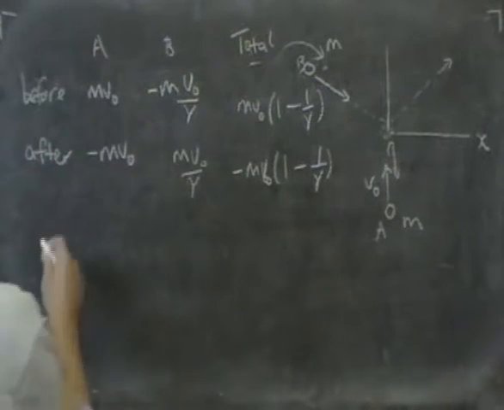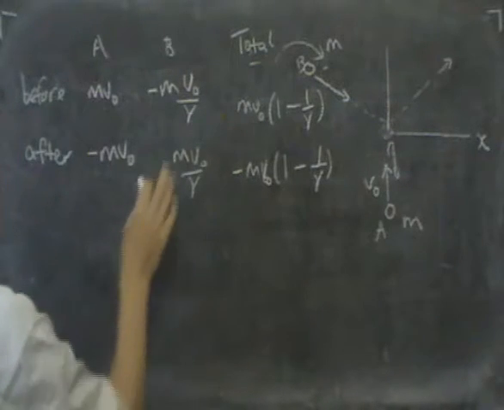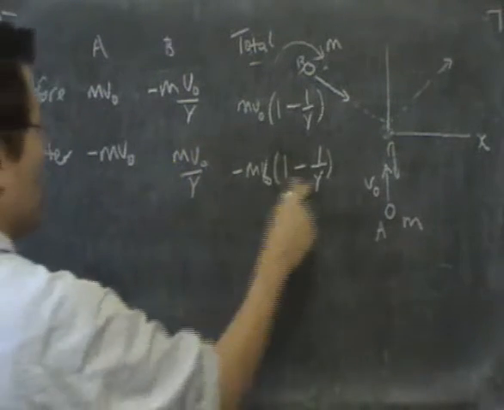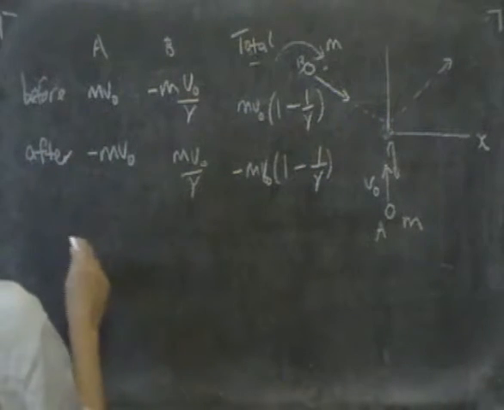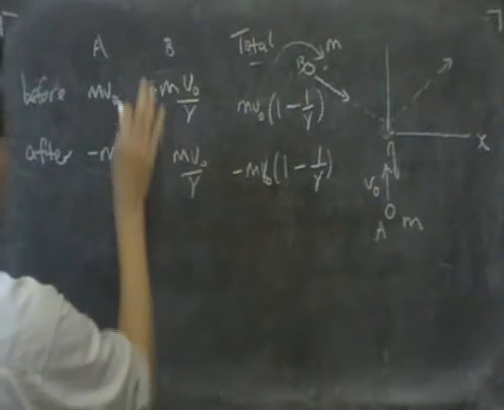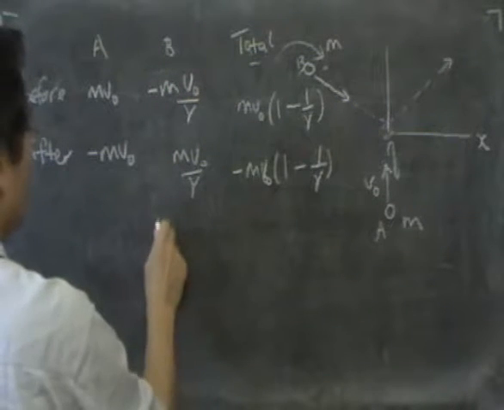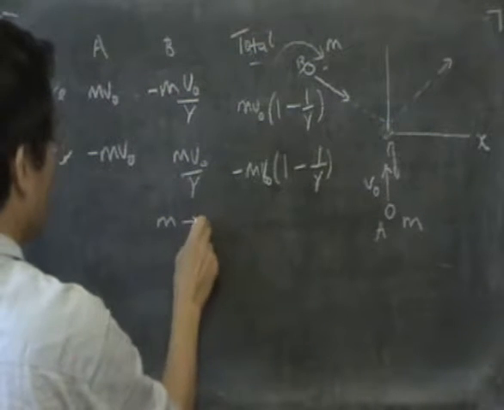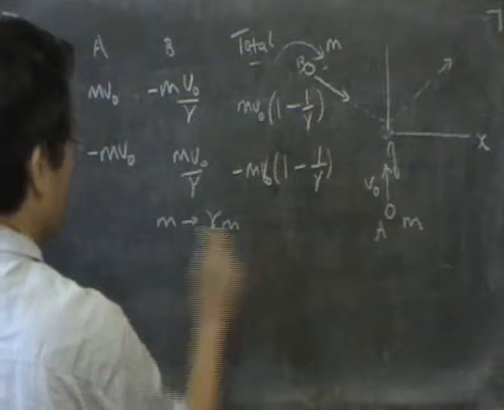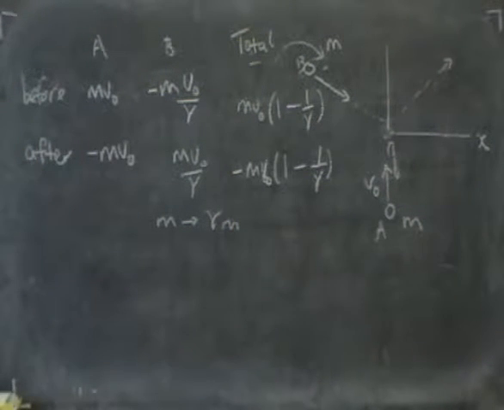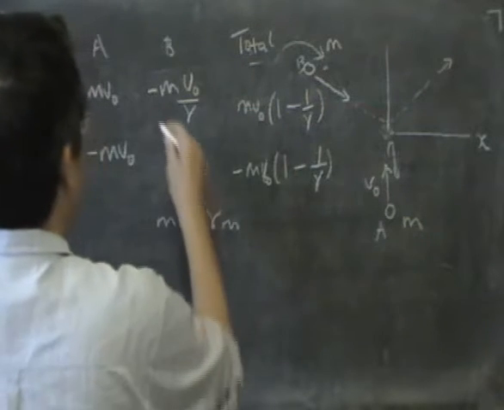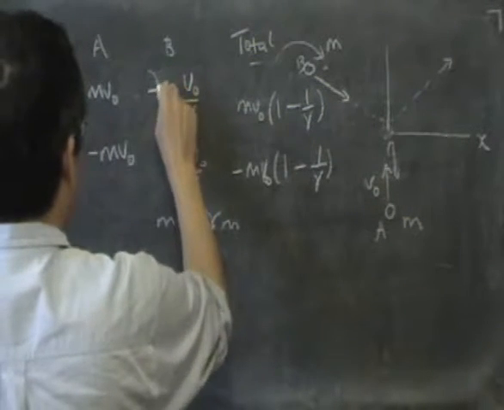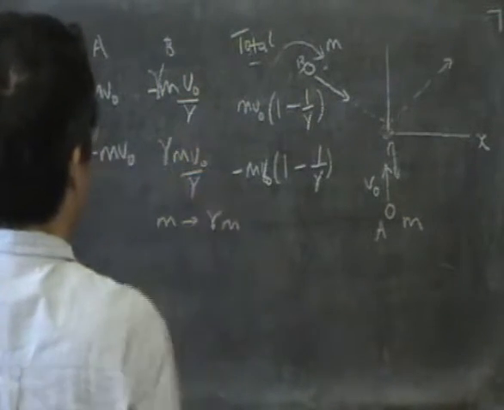The idea is that we are thinking in terms of the velocity slowing down because of the mass increase. So we're saying that as far as B is concerned, the mass has increased by a factor of gamma. Now if that's the case, let's see what happens. We would have an additional factor of gamma there, and an additional factor of gamma there.